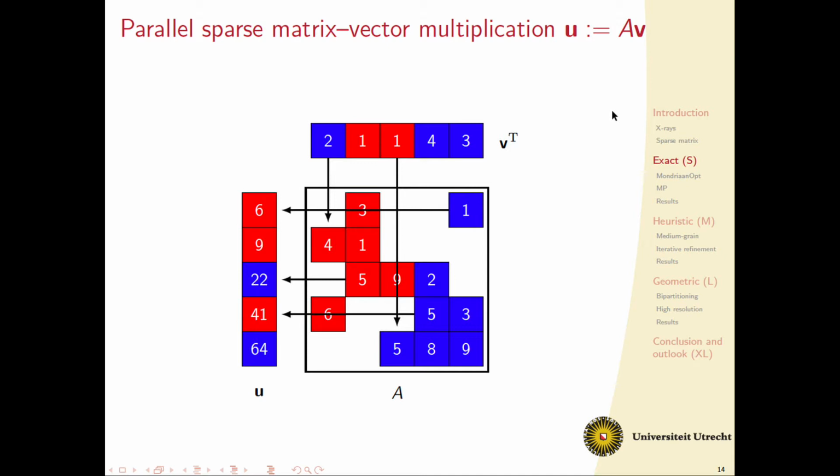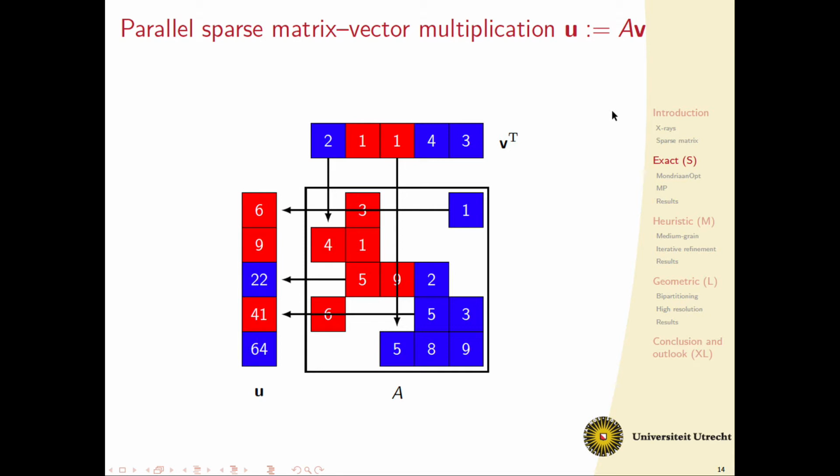And you see, so if in a column there are two different colors, then we need communication. But also if you make a bad choice for the first component, I could have chosen red here, and then I would not need this communication. So in general, we do need communication, and we do communication, computation, communication, computation.